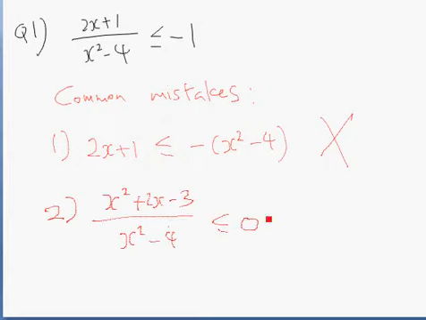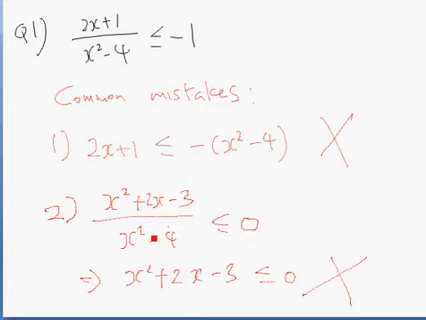Now, a second common mistake students make is, after they shift -1 over and combine into a common denominator, they get this expression less than or equal to 0. Then they say, oh, x squared minus 4 is positive, so the inequality is the same as this, which is wrong again, because x squared minus 4 need not be always positive.